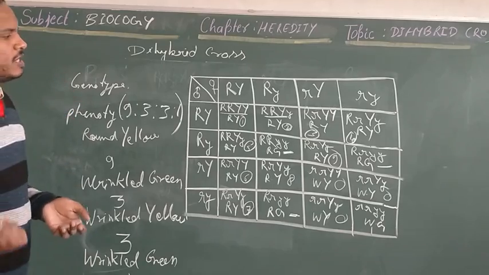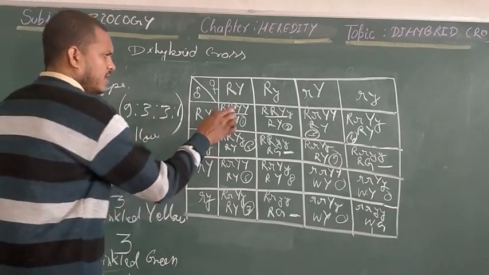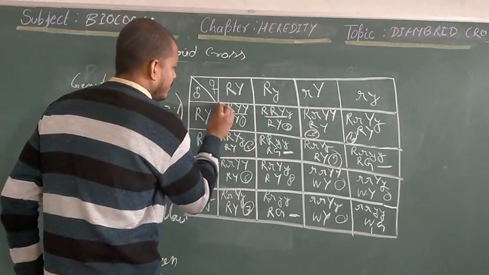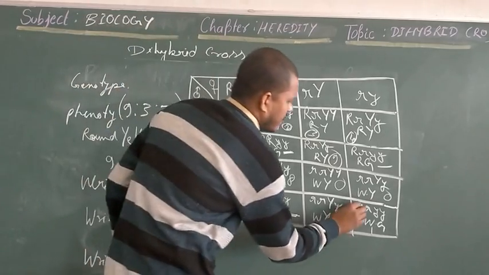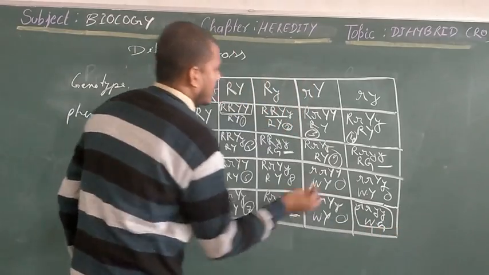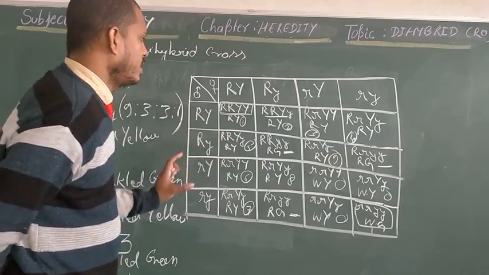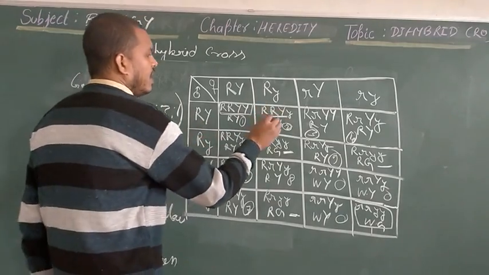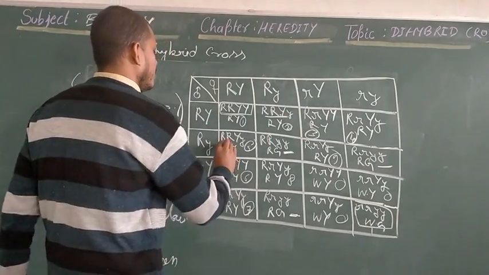In the case of genotype, that is homework for you. Just check this chart. How many are you getting? This pure form, homozygous. Here you will get one. And the others you will get in the heterozygous condition, but you have to find out how many of them have the same pattern. Like this, you can see this one.